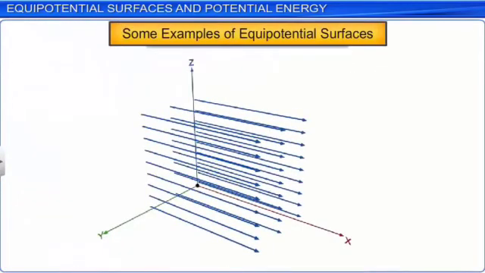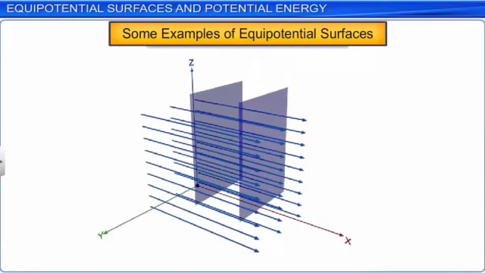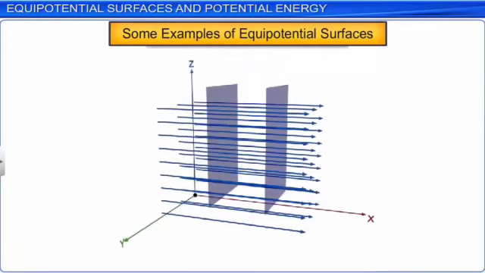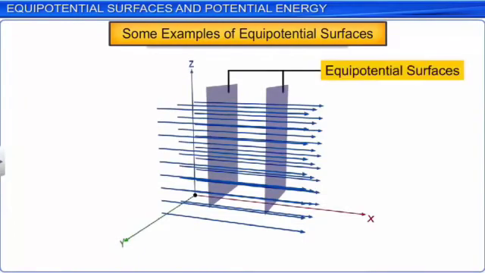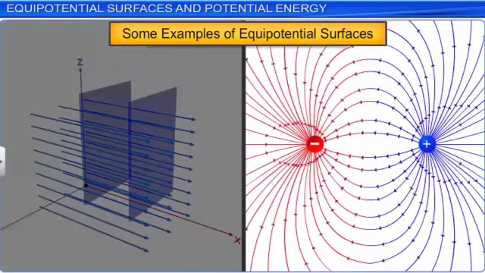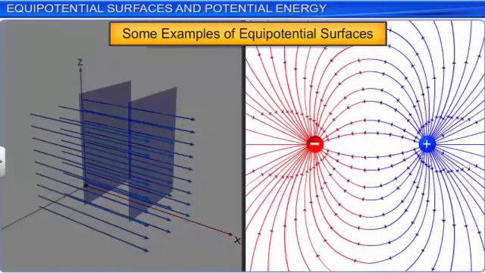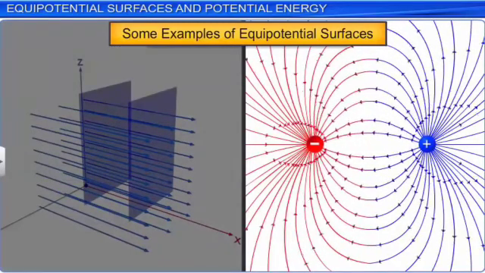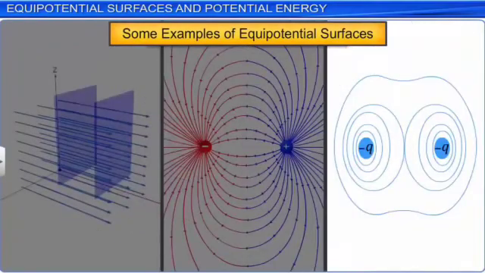Then, the planes parallel to the YZ plane represent equipotential surfaces. The concentric spheres around the charges in a dipole represent equipotential surfaces. The equipotential surfaces for a charge configuration consisting of two identical charges, minus q each, is shown.